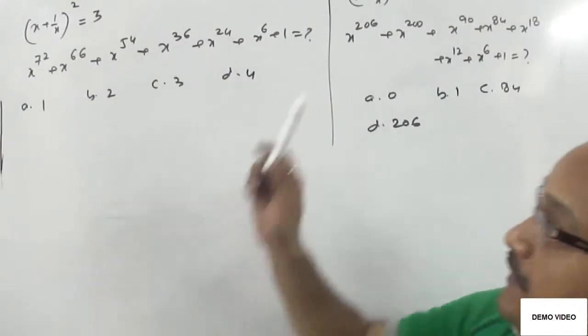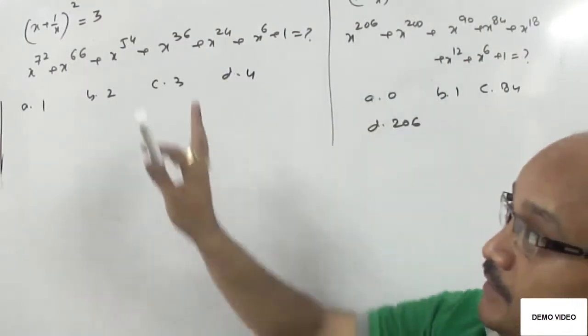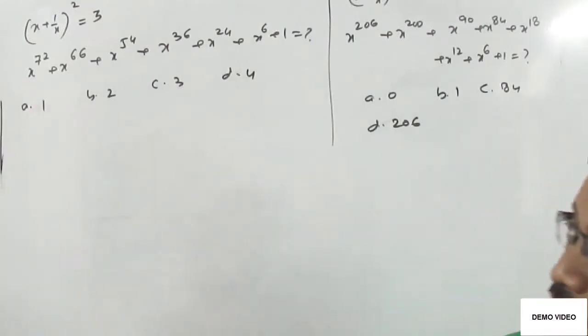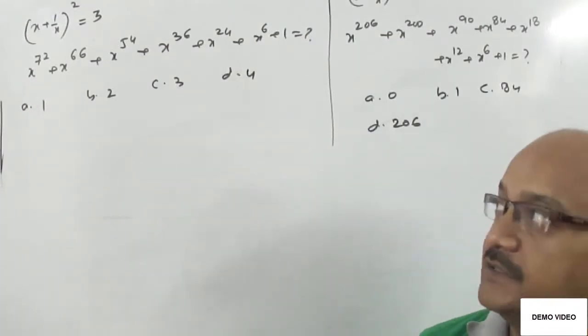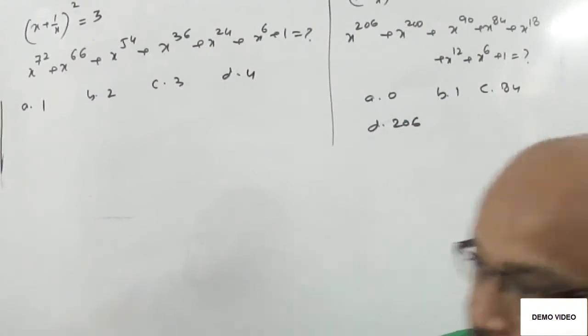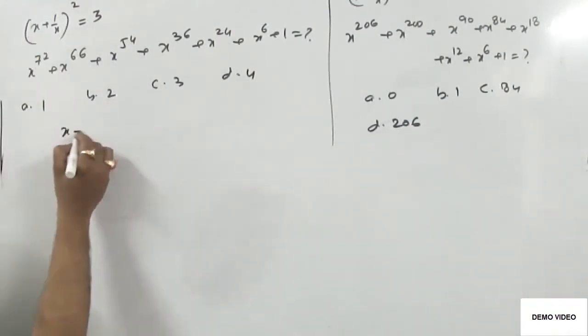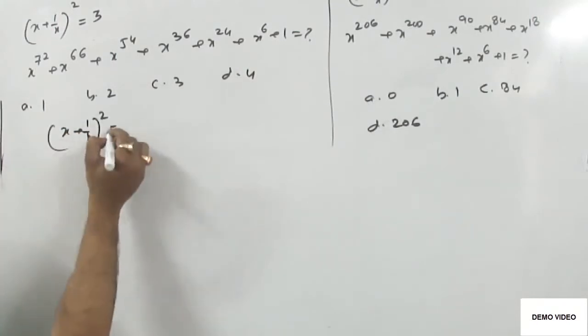Now, what can we say about this term? This relation is very important. If you are able to convert this, we'll write x to the power 6 plus 1. We'll write this as (x square) cube plus 1 cube.